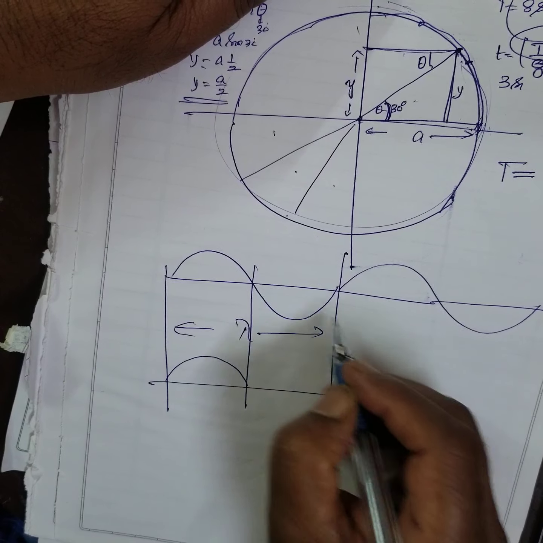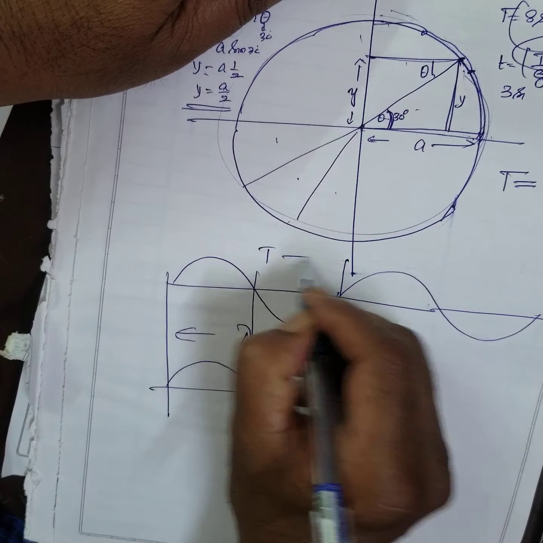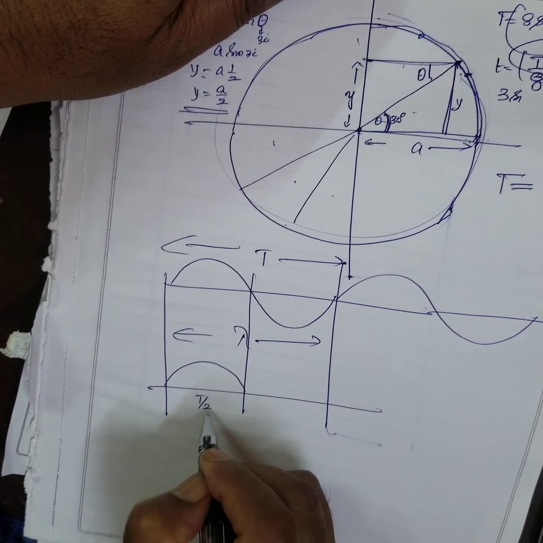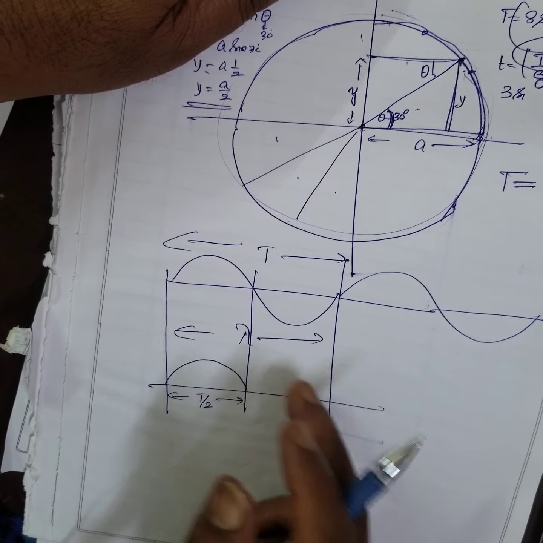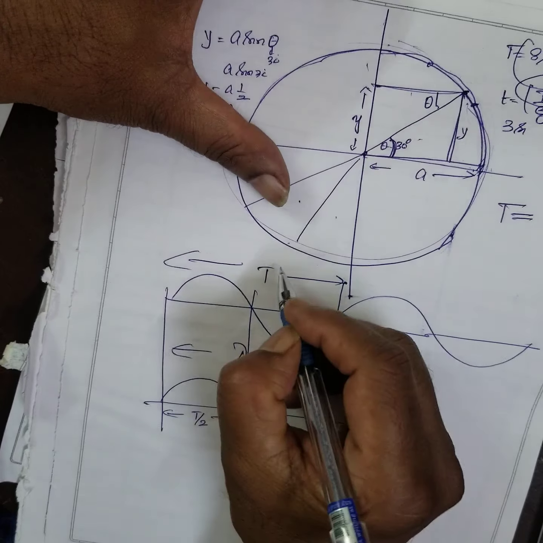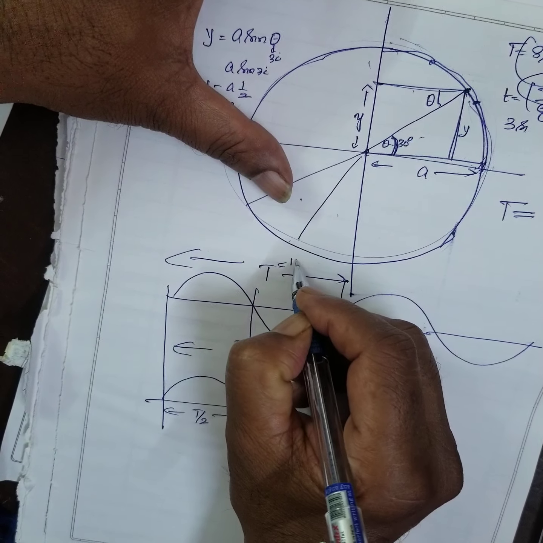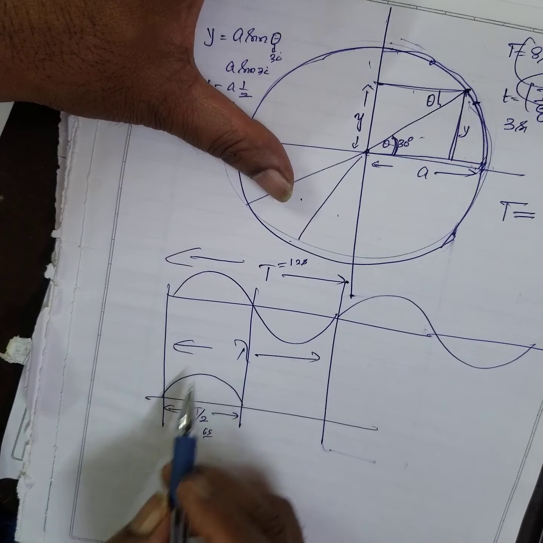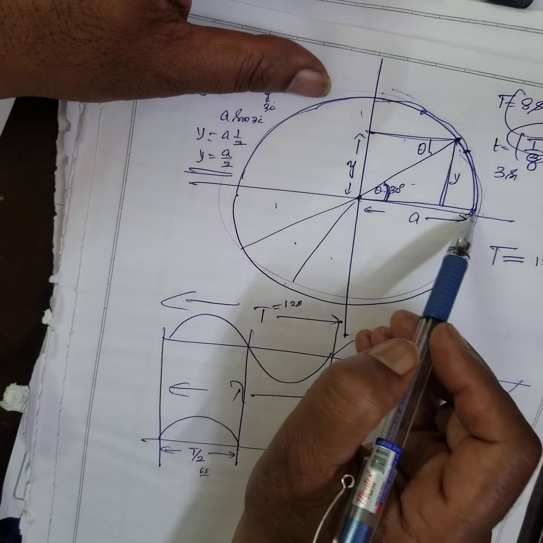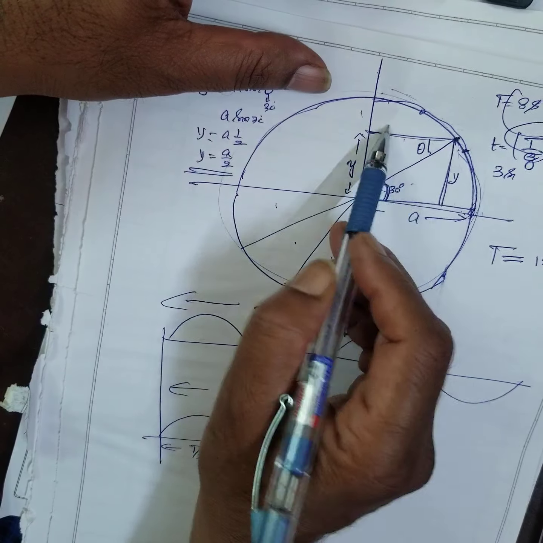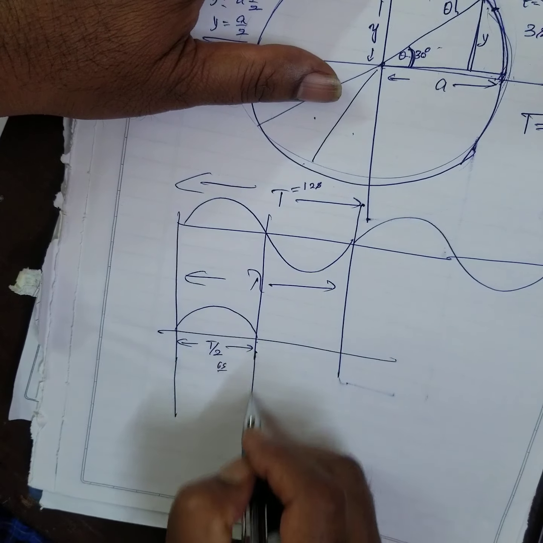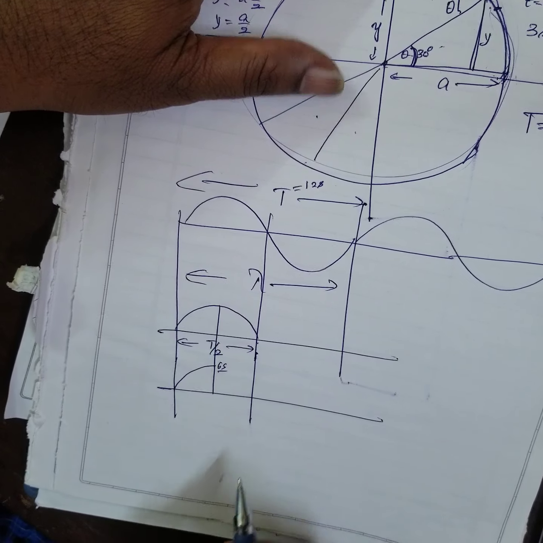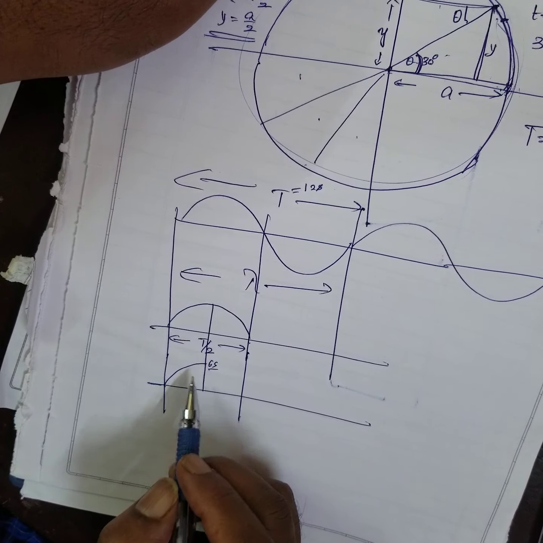What is the time taken for one complete rotation? The period, isn't it? Half rotation, T by 2. T is 12 seconds here, so T by 2 is 6 seconds, this much. Now in 3 seconds, how much? Understood? In 3 seconds, this much.